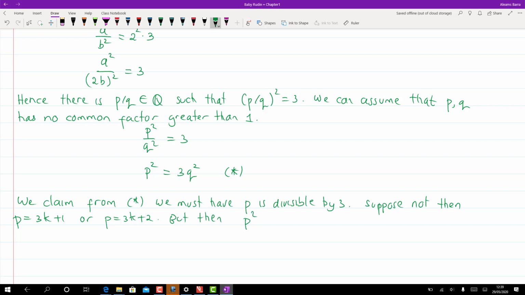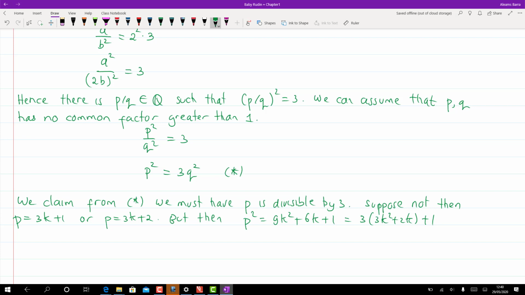In case p is equal to 3k plus 1, if we carry out the squaring, we get 9k squared plus 6k plus 1, which can be written as 3 times (3k squared plus 2k) plus 1. This final expression is of the type 3 times something plus 1.